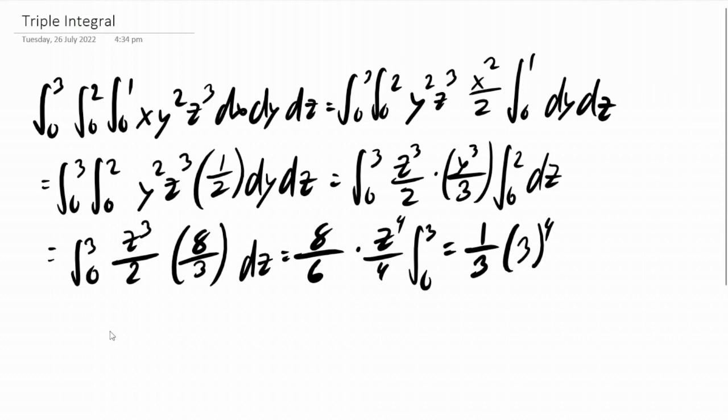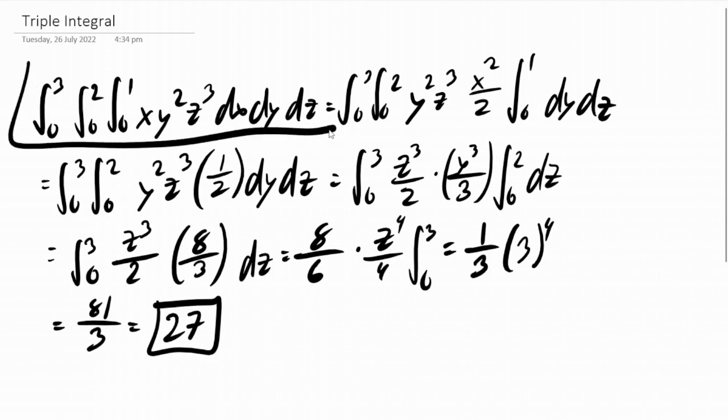So next, it is now 81 over 3. So the final answer is 27. That is our final answer for this equation.